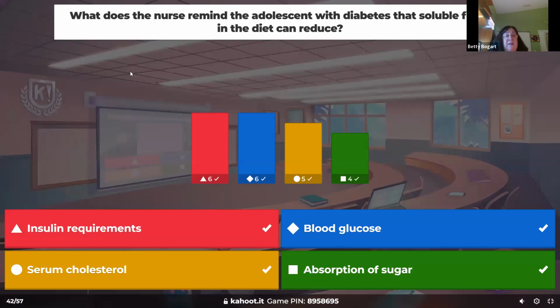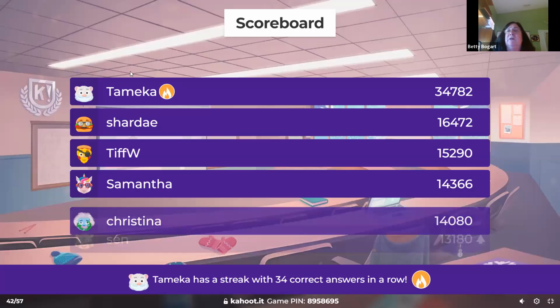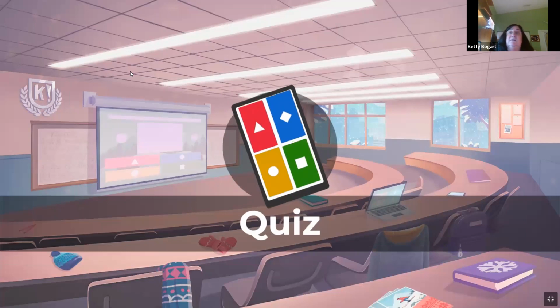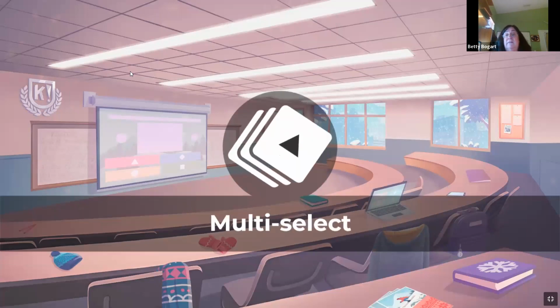So it's insulin requirements, serum cholesterol, blood sugar, sugar, sugar, sugar. And if you're regulating sugar, you don't need as much insulin. And it does help with fat, which is serum cholesterol. It's a good thing to eat for all of us.